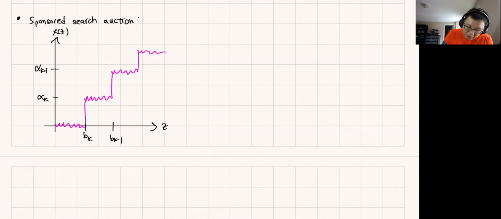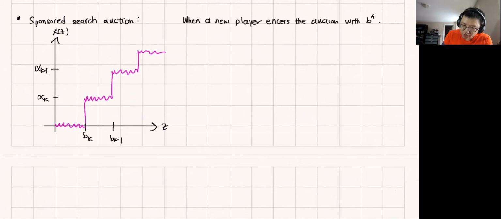So when a new player enters the auction, let's say with B star, how much value is lost? We want to see if somebody enters the auction, how much value is lost.